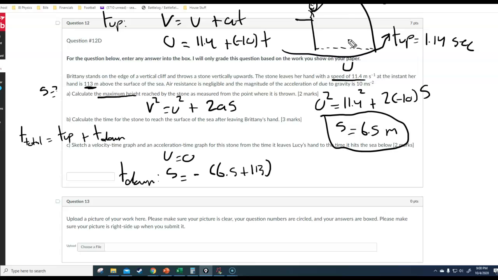So from beginning to end, it has a displacement of negative 6.5 plus 113 meters. And so that would be negative 119.5 meters. The negative sign is important. And so I would use this equation right here.